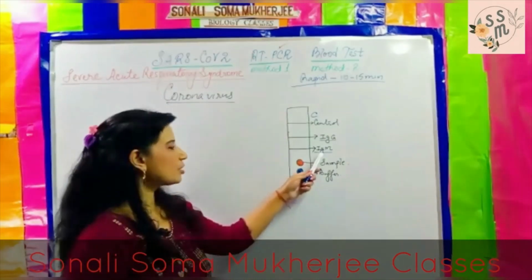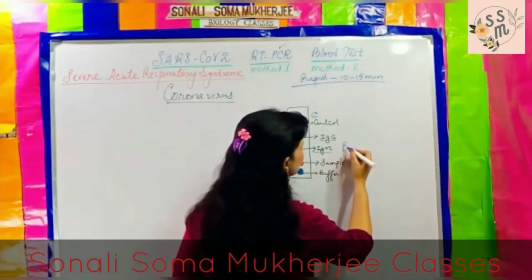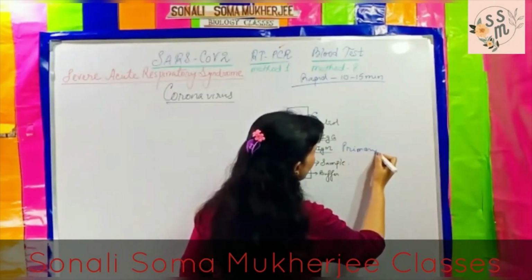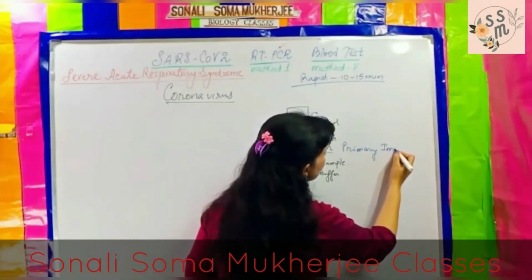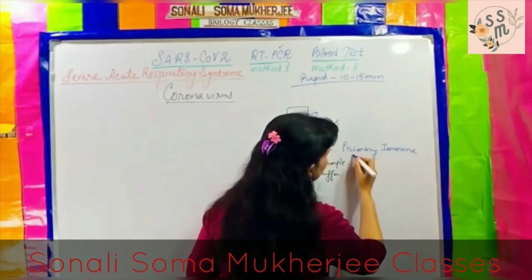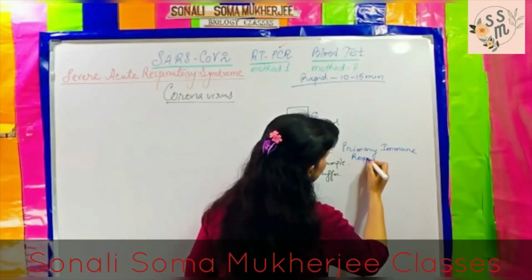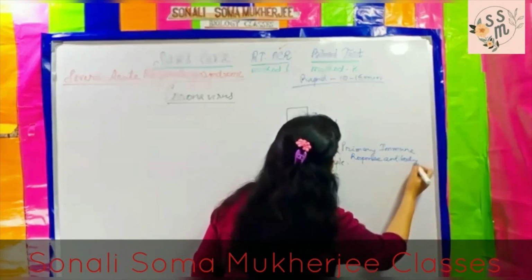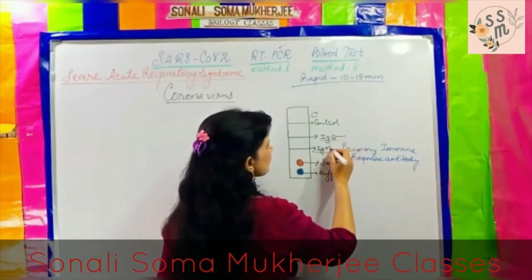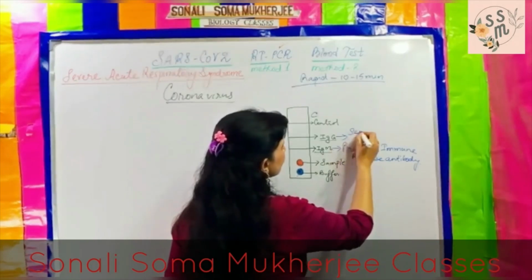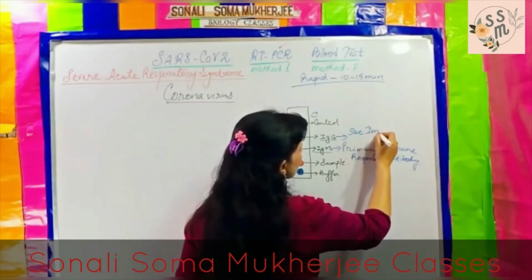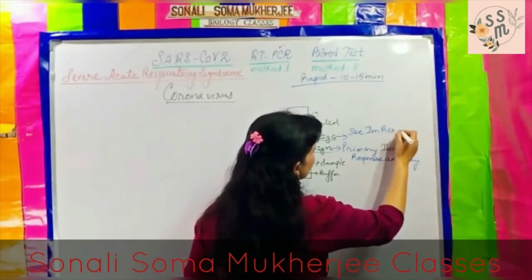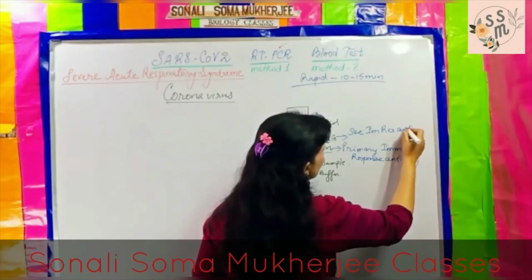If it is a primary immune response antibody, then it is IgM, and if it is a secondary immune response antibody, then it is IgG.